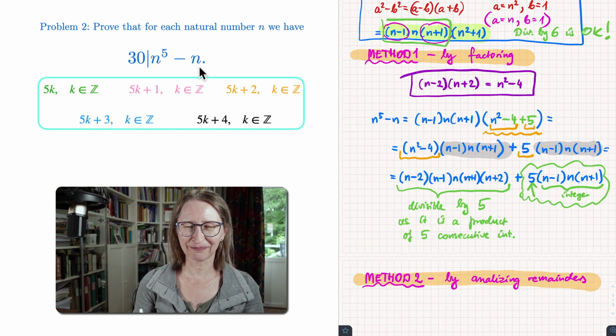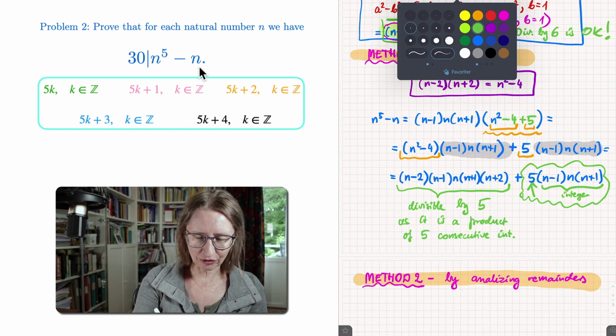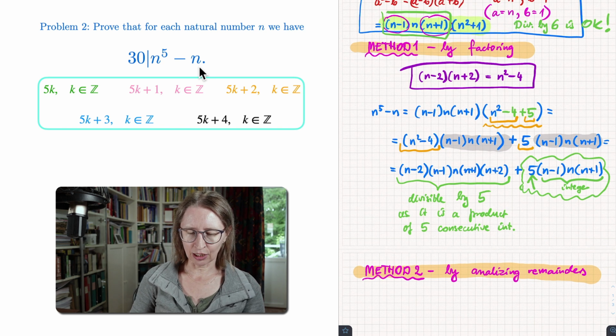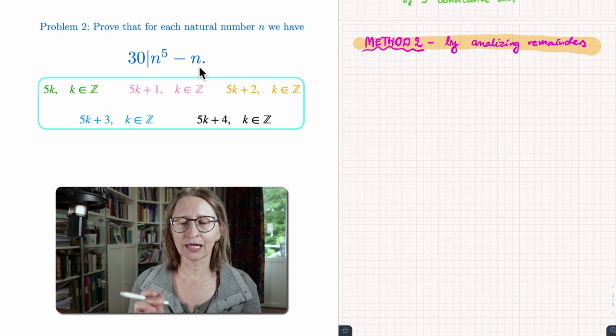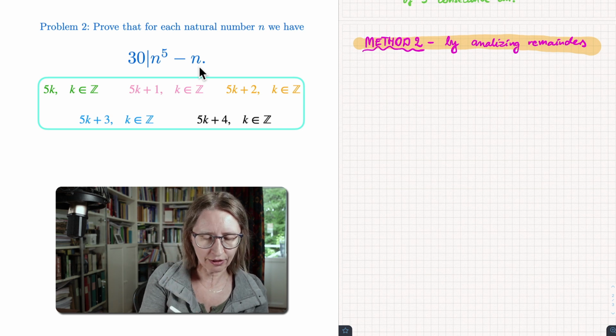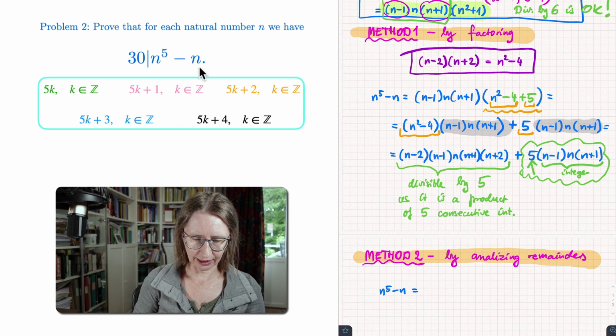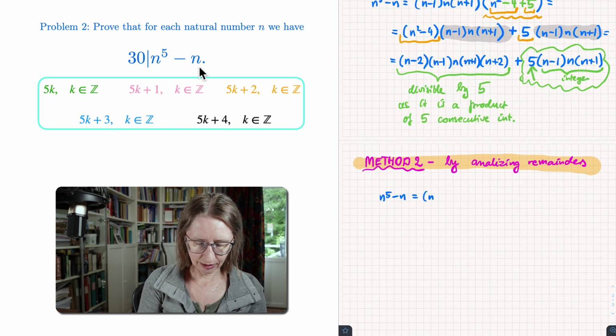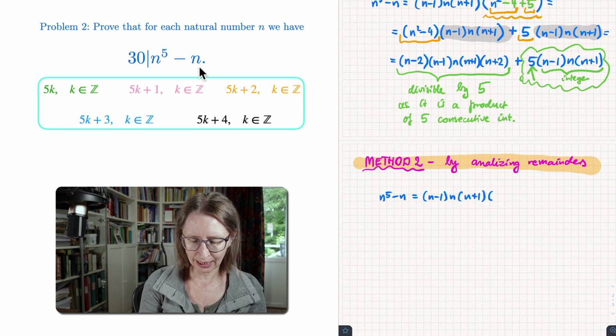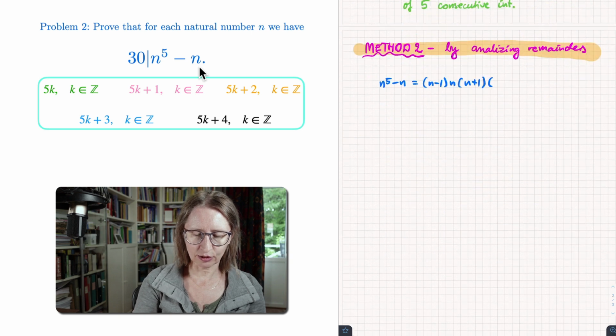It's nice, right? And now the second method. So here again we are starting from the fact that our n to the 5th minus n is factored. I have factored this like it is n minus 1, n plus 1 times n squared plus 1.